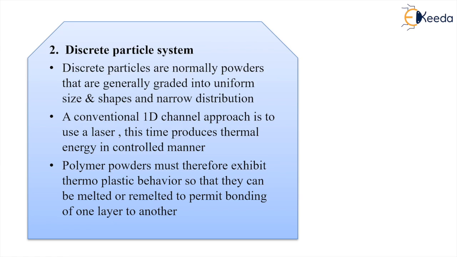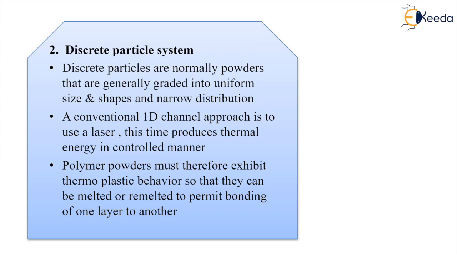Now the second classification of AM is the discrete particle system. These discrete particles are normally powders that are generally graded into uniform size and shape and have a narrow distribution. A conventional 1D channel approach is to use a laser, which produces thermal energy in a controlled manner.